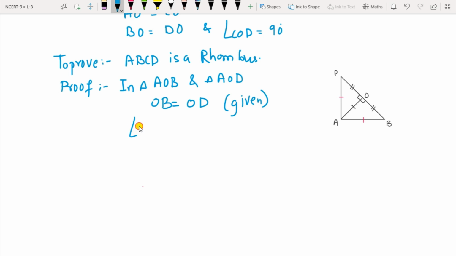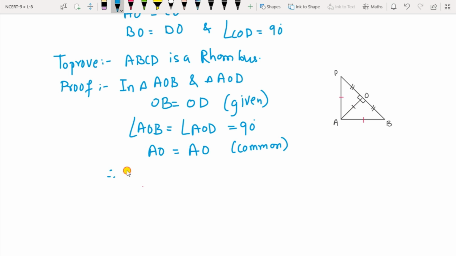Then angle AOB is equal to angle AOD, which is equal to 90 degrees, this one. And the third one is AO equal to AO, that is common.